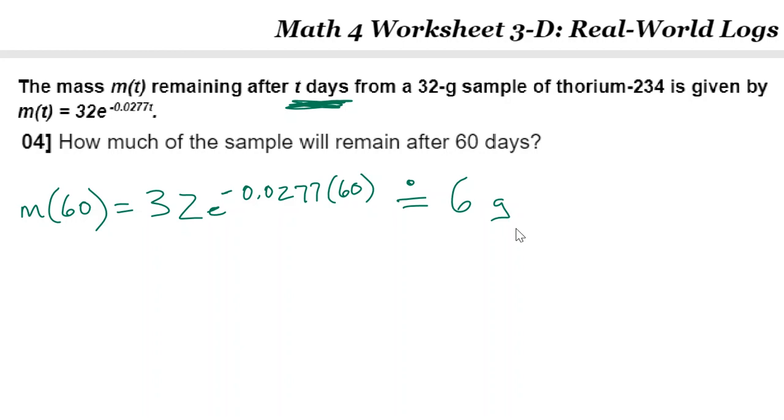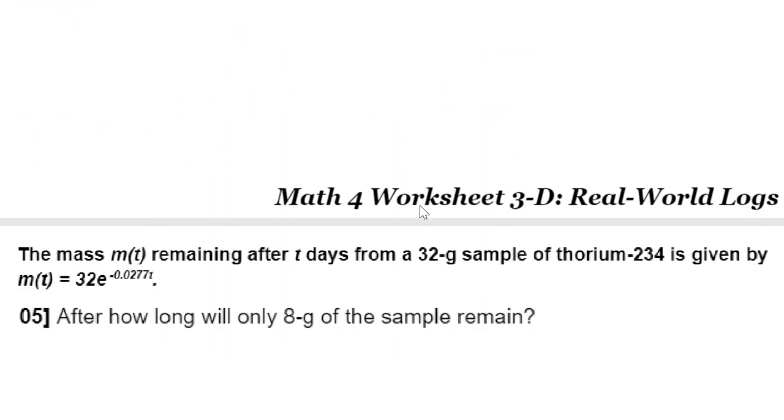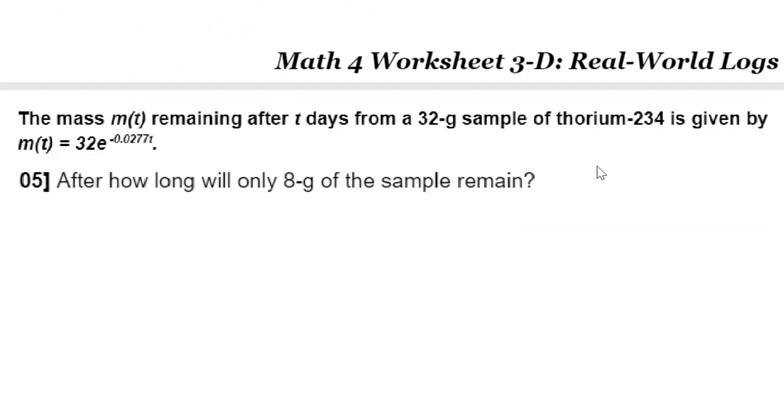Now the interesting question here is, what's the half-life? They've given us the constant that r is, and so the next question is, all right, and how long will only 8 milligrams remain? So we're going to put 8 over here and 32 over there, and e to the negative 0.0277 t.